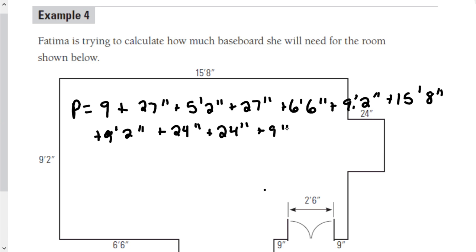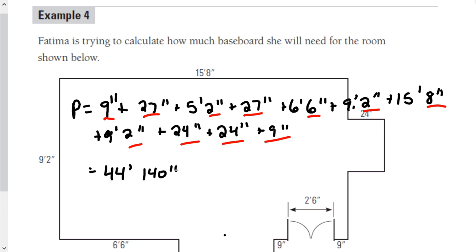Okay, so if I add feet to feet, and that's all the ones that have just the single quote, and the inches to inches, so it would look like this, inches, inches, inches, inches. And feet to feet, we would get 44 feet, 140 inches.